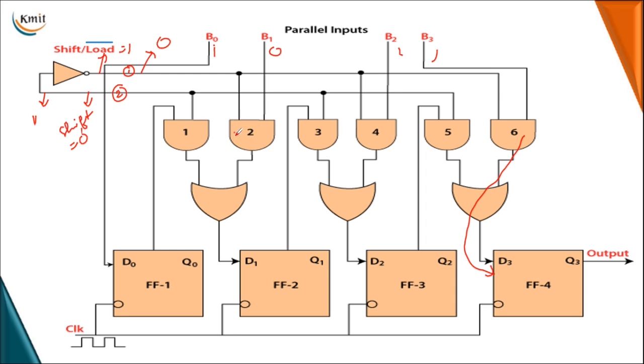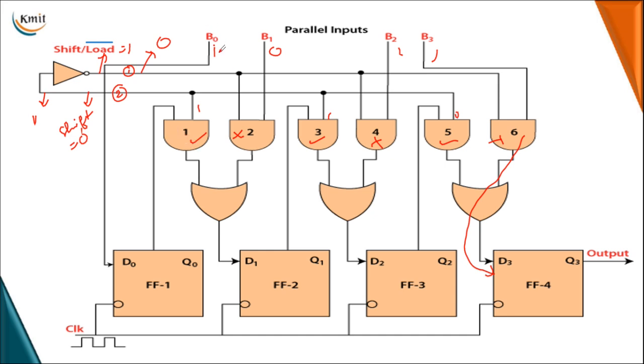This 0 disables all the even AND gates and enables your odd numbered AND gates. When it enables your odd numbered AND gates, one of the inputs is connected to the second line, which is shift. Now shift is equal to 1. So every AND gate has one of its inputs connected to shift, hence it is 1. But the output of this AND gate depends on the previous states of your flip flops.